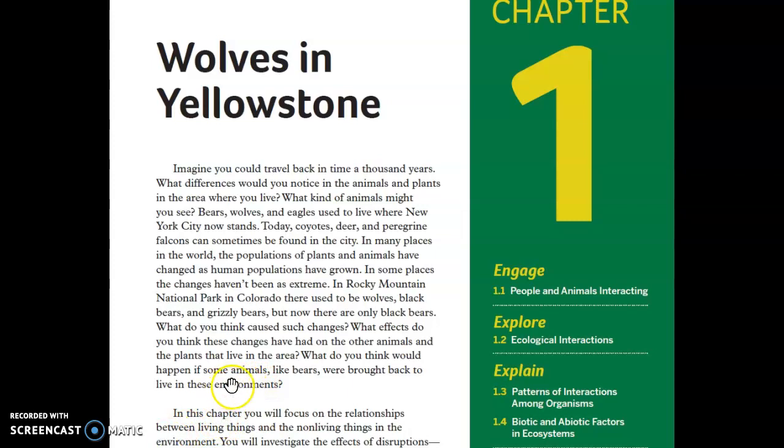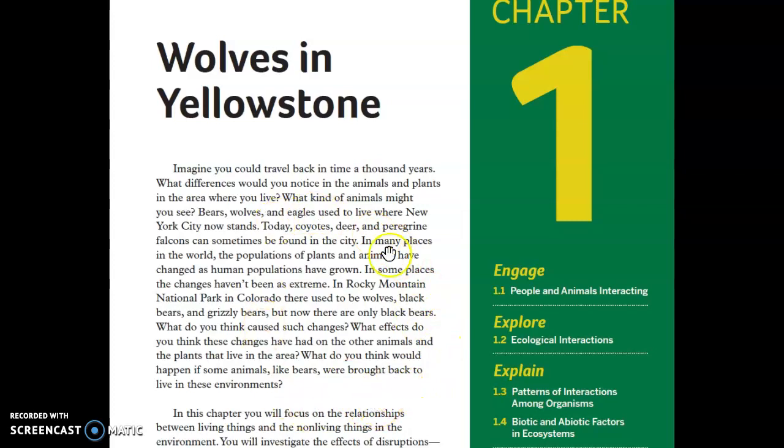Why do you think these changes occurred? What effects do you think these changes have had on the other animals and the plants that live in the area? What do you think would happen if some animals like bears were brought back to live in these environments?